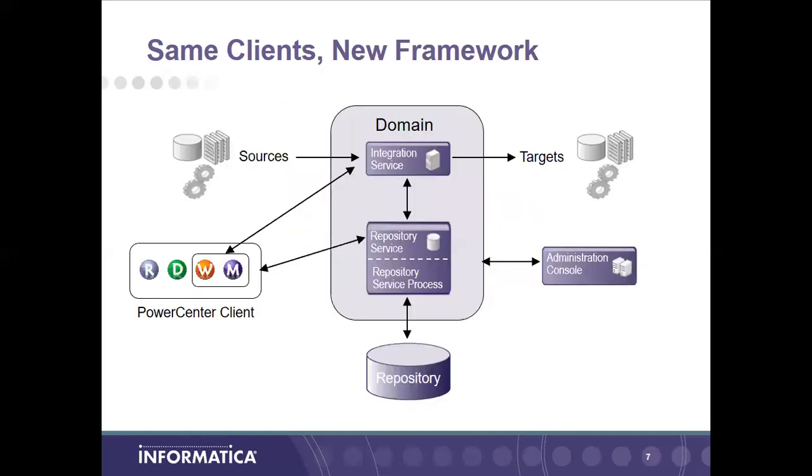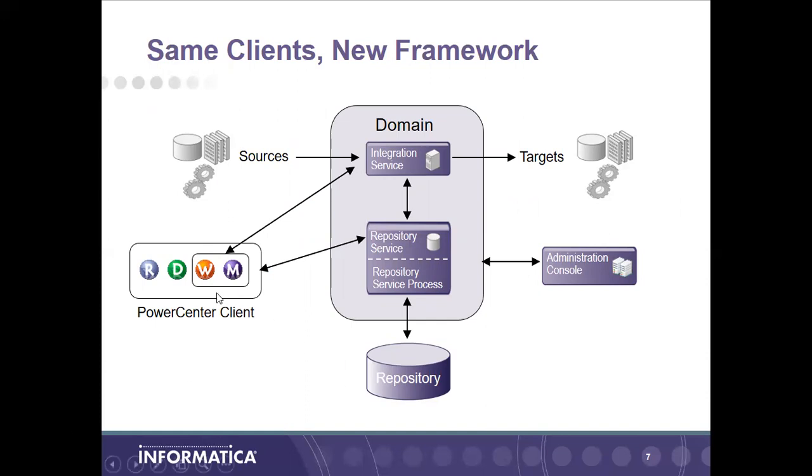If you look at this picture, there are four circles: R, D, W, M. These are the PowerCenter client tools. There is no change in these tools from an architecture perspective. The rest of everything got changed. Now think about how exactly this is working. The one at the bottom left corner is called the PowerCenter client.